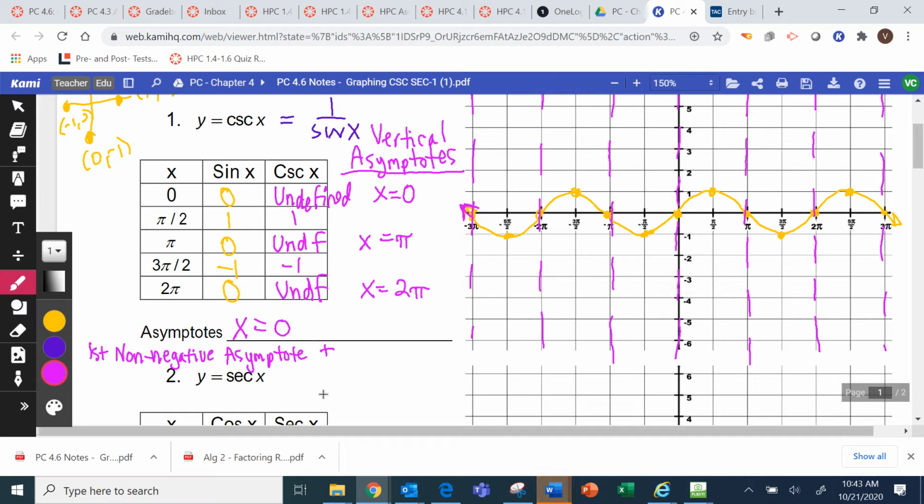And to get from 0 to the previous asymptote, what do I have to add on? Negative pi. So they're all values of pi that I'm adding on. To get from this 0 all the way to this farthest asymptote, I'm adding 3 pi's on. So they're all values of pi.